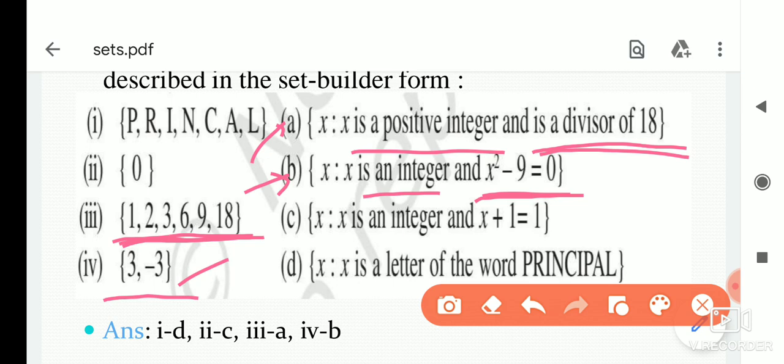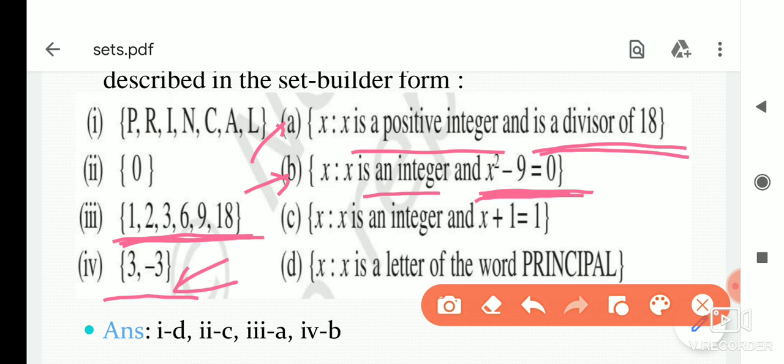Already you have seen how to find the solution of a quadratic equation. So the solution of x square minus 9 will be 3 comma minus 3. You can write that in tabular form as 3 comma minus 3. So the solution of x square minus 9 equal to 0 is 3 comma minus 3.